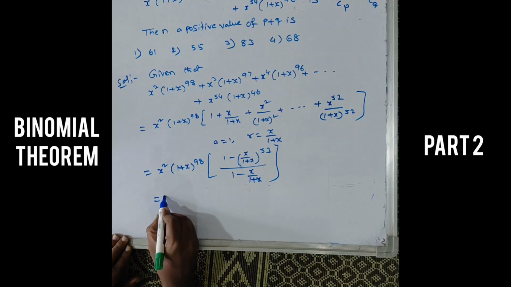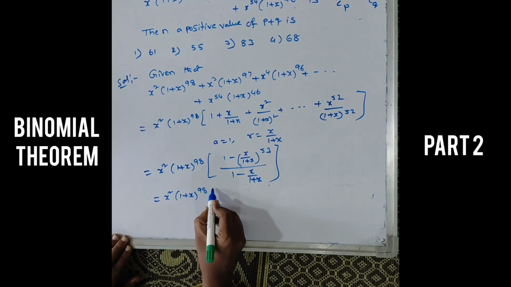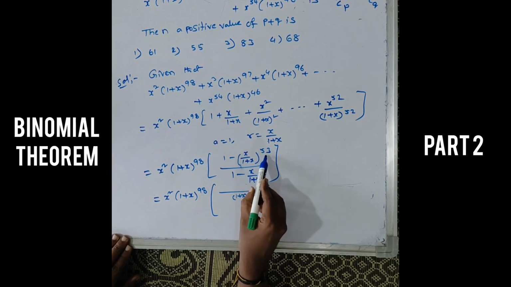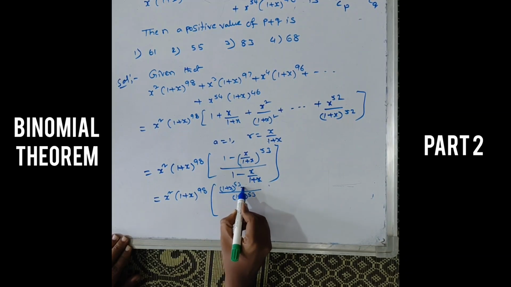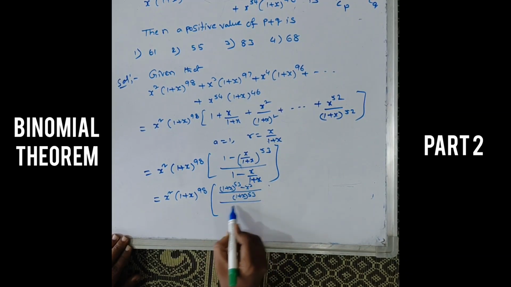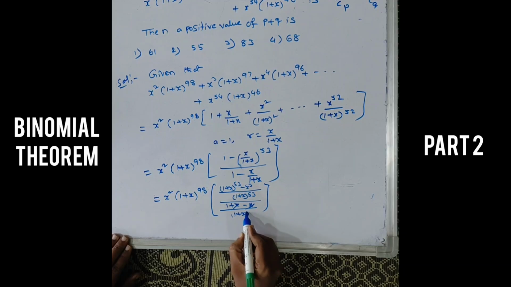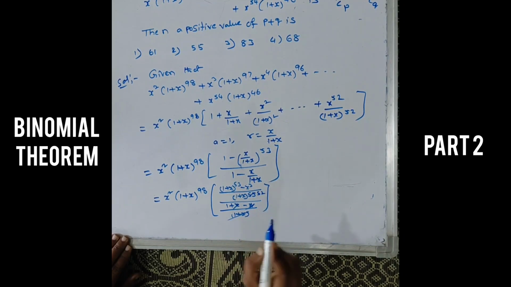Again, x^2(1+x)^98 in this bracket. Here the LCM is (1+x)^53, so we get (1+x)^53 minus x^53. In the denominator the LCM is 1+x: (1+x) minus x, so minus x plus x cancels. One time cancel here, leaving 52.